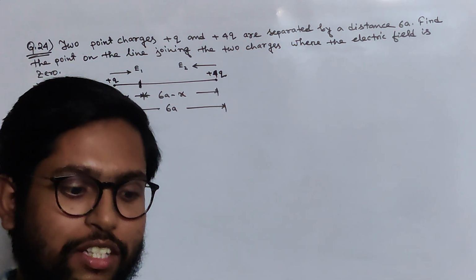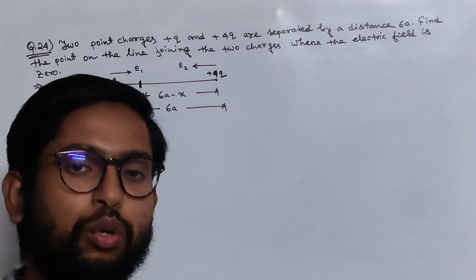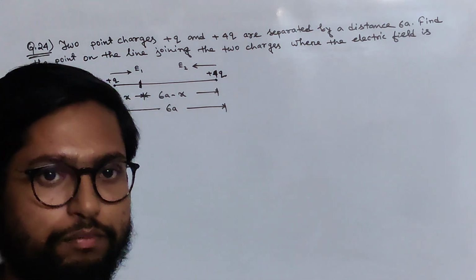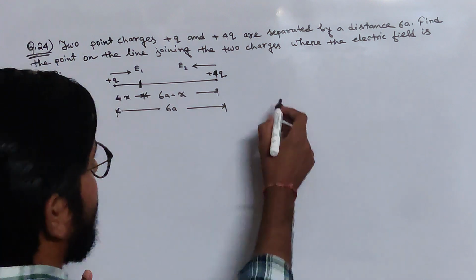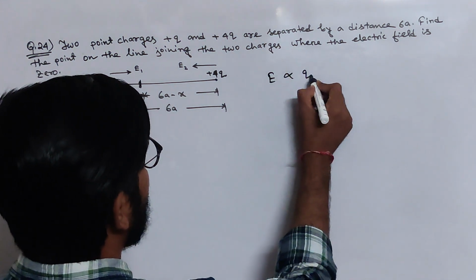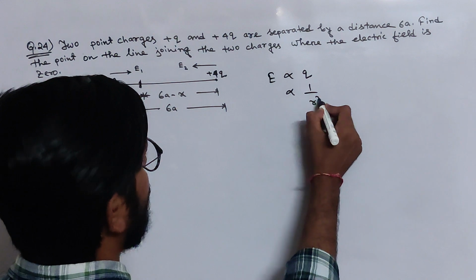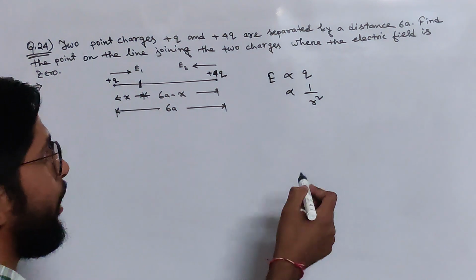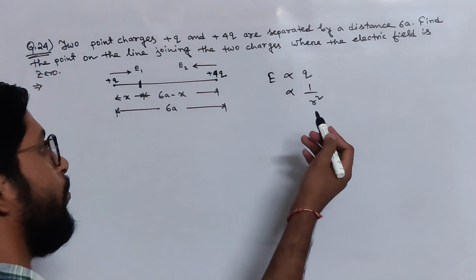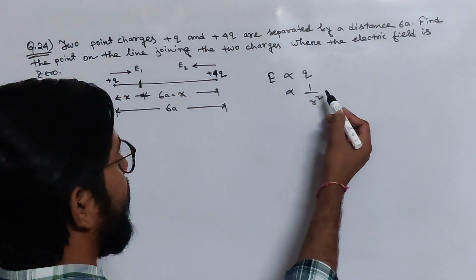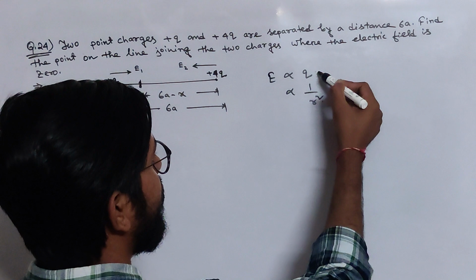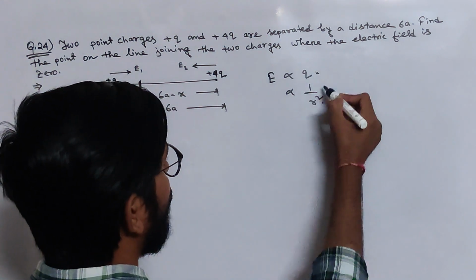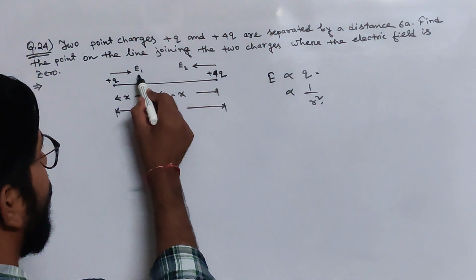So the point where the electric field will be 0 will be farther from the charge that is larger, because the electric field is proportional to q and proportional to 1 by r square. So the point will be farther from the charge of greater magnitude. Otherwise, this q and r should balance, means the ratio of q by r square should be equal for E1 and E2.